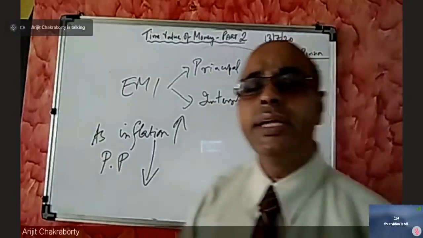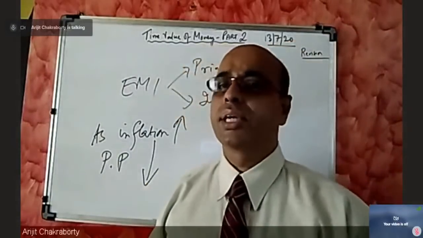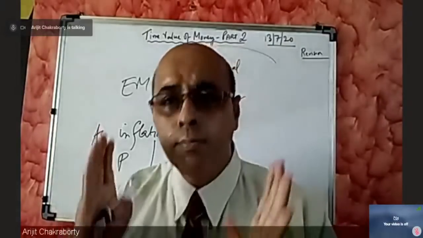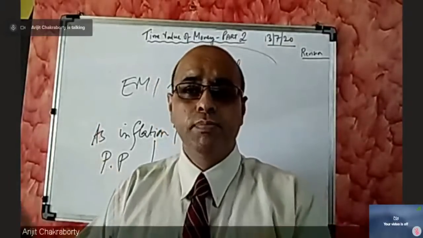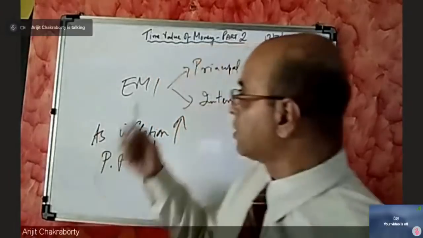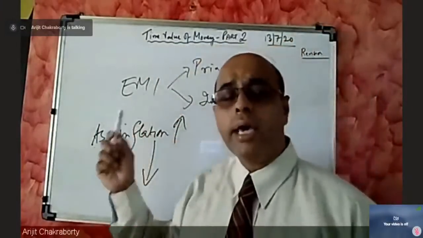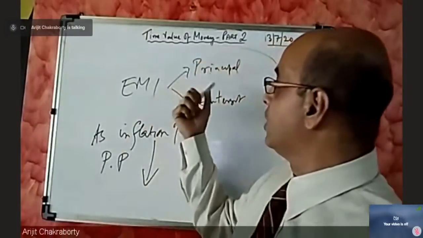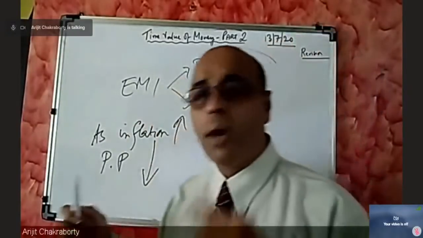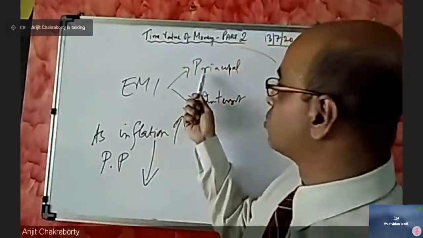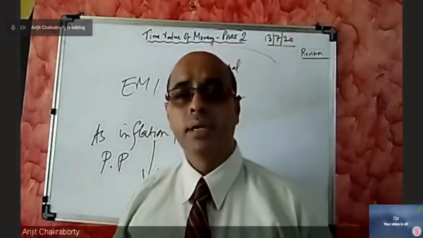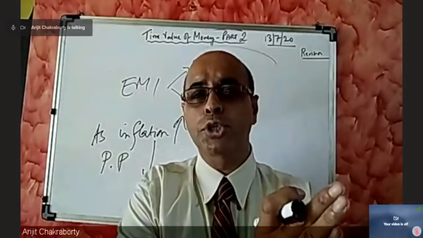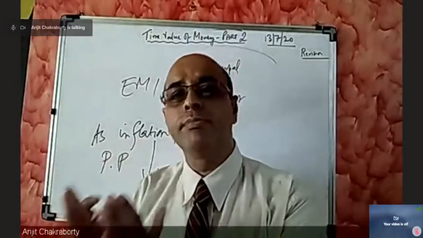So if I'm paying an EMI of 8,000 rupees per month for a car I have purchased, maybe 4,000 or 5,000 rupees goes towards the repayment of interest, and maybe 1,000 or 2,000 rupees goes towards the repayment of principal. So the EMI is split into the principal repayment portion and the interest repayment portion.